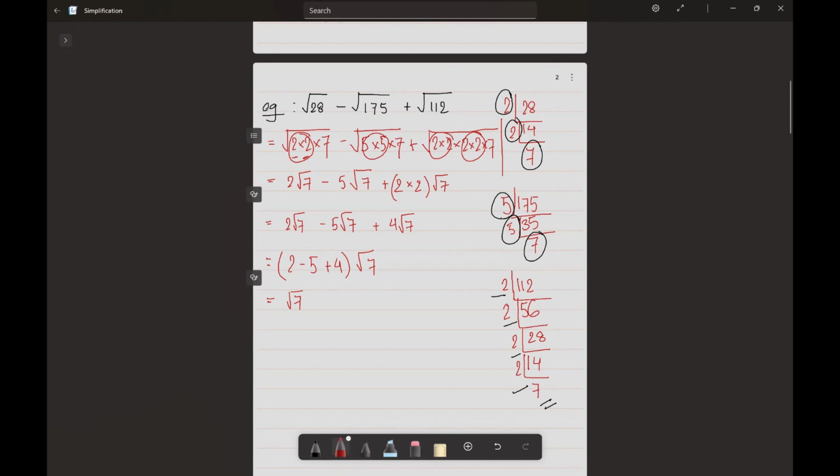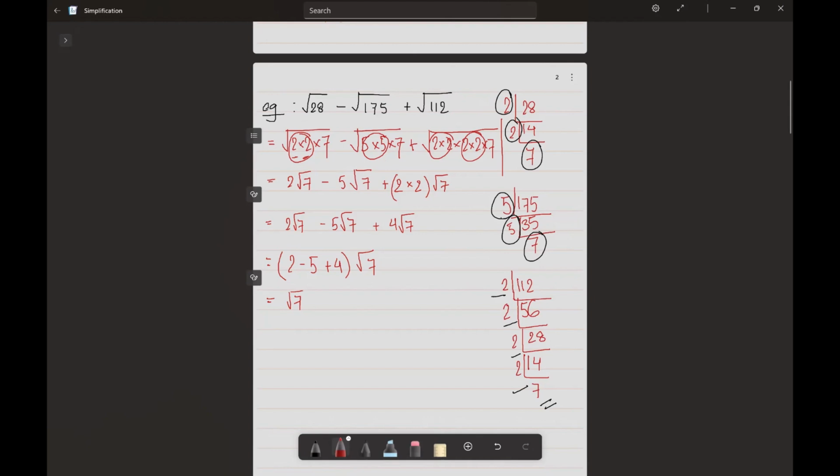Now let's do a quick recap of what we did here. We have different numbers. We have root 28, root 175, and root 112. We know that when we have different types of roots, we cannot add or subtract them. We have seen in the previous video that we only add or subtract roots of the same type.